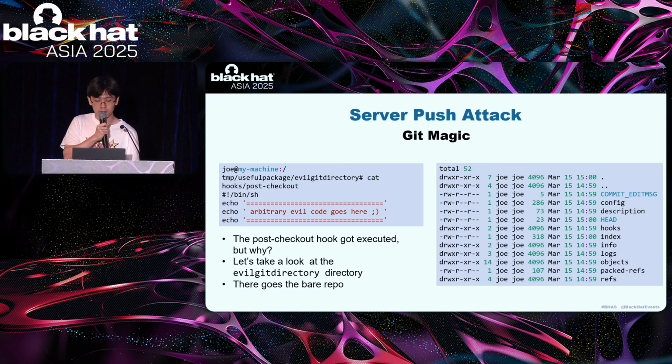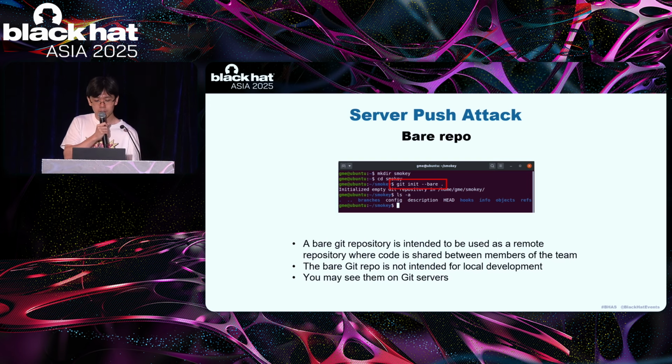Let's take a look at the evil git directory, which is on the right side. You can see that it has some directories named hooks, info, and logs. That's what we call a bare repo. A bare Git repository is intended to be used as a remote repository where code is shared between members of the team.